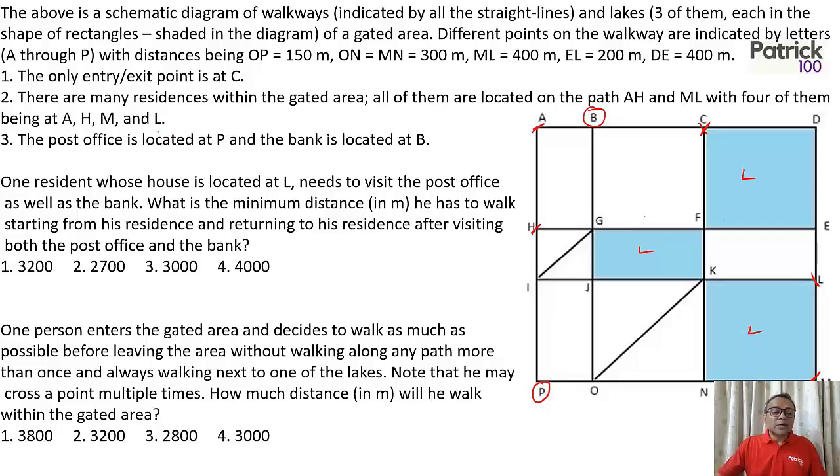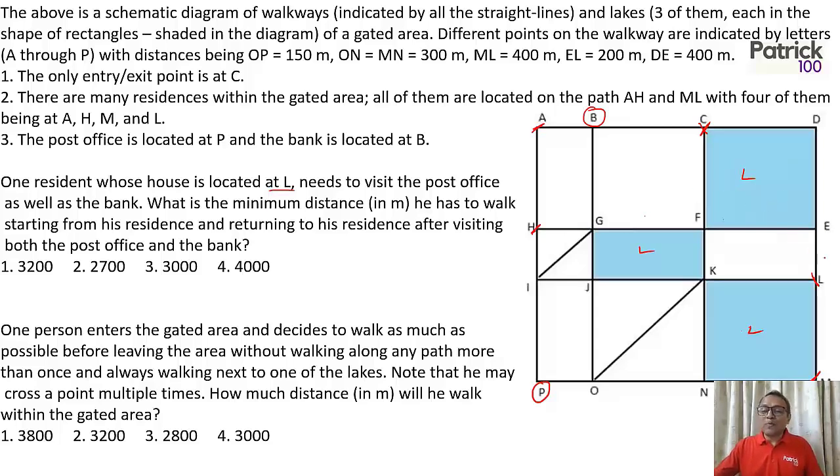So one resident whose house is located at L needs to visit the post office as well as the bank. Minimum distance he has to walk starting from the residence. I can either go to the bank first, then the post office and then back, or go to the post office, then the bank and then back. So look at each case and solve.